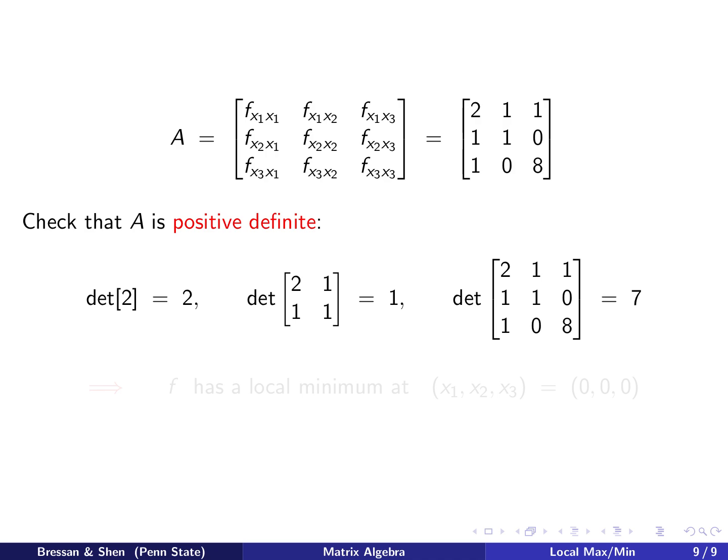So we see that all three of them are strictly positive. That means the A matrix is positive definite. And the second derivative test tells us that if the second derivative matrix is positive definite, then this f will have a local minimum at the point 0, 0, 0.